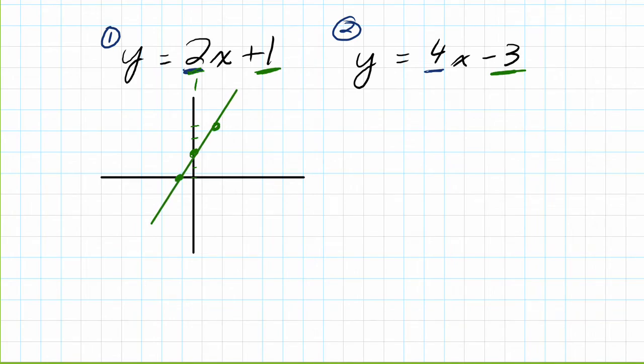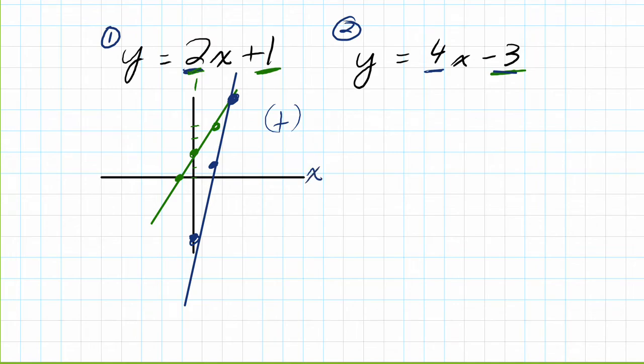And then for equation 2, same idea. If we were to do a rough sketch, we have a y-intercept of negative 3, so that's probably somewhere down here. And the slope is much steeper. It goes up 4, so 1, 2, 3, 4, over 1, maybe something around there. This is a rough sketch, so we don't know exactly where it is, but it's somewhere in this positive range.